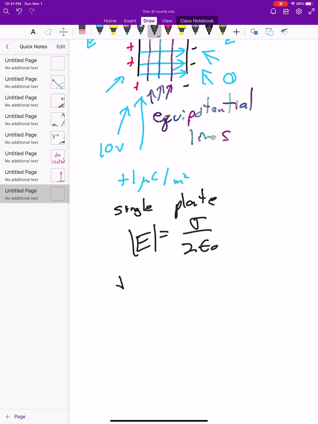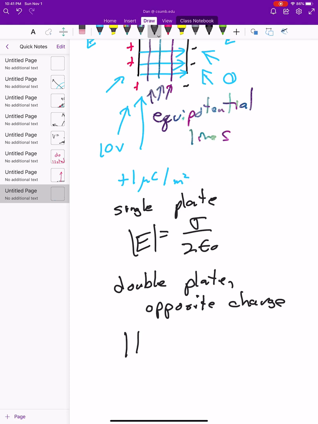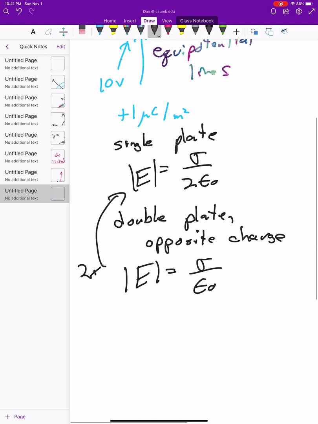But for a double plate, where they're opposite sign or opposite charge, we can say that the electric field between the plates is equal to sigma over epsilon 0. That's twice what it was here. 2 times the single plate's electric field exists between the plates of opposite charges.